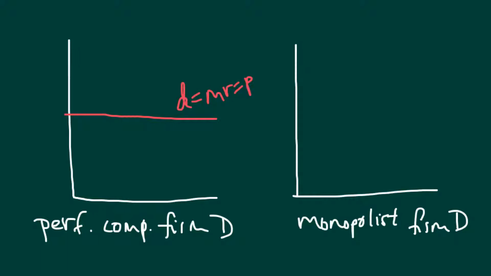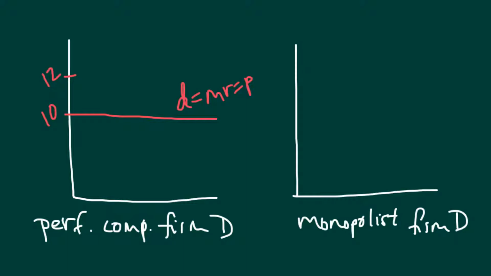We can look at what happens if a perfectly competitive firm raises its price versus what happens if a monopolist raises its price. So looking back at the perfect competitor, if you were to raise your price and charge anything other than, let's say this was $10, and this particular firm decides it wants to charge $12 because it feels so special about itself, what would happen?